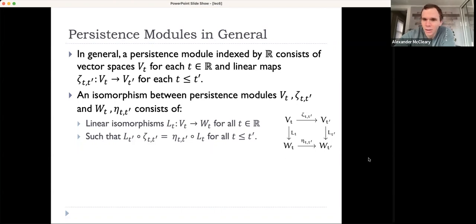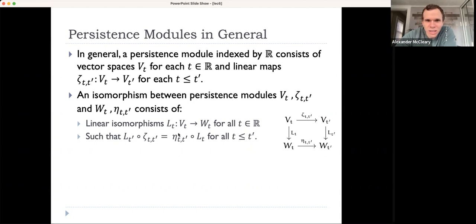And what the second condition is saying is that the composition of these two paths should be equal. It shouldn't matter which path we take. You can think about this condition as telling us that not only is each of the vector spaces isomorphic, but the maps between them are in some sense the same.